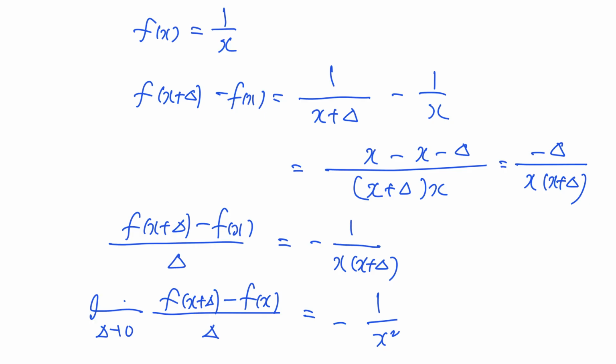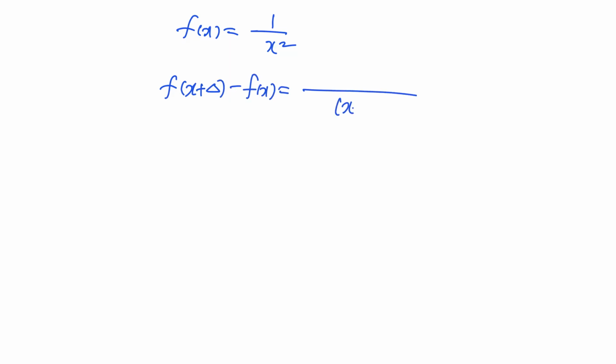How about f(x) is 1 over x squared? So f(x plus delta) minus f(x) is 1 over (x plus delta) squared minus 1 over x squared.